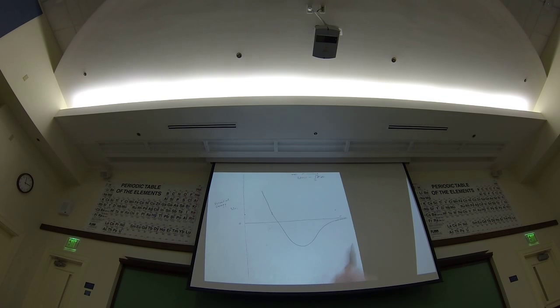And as the collision takes place, there's acceleration in this range, and then there's deceleration as you go past this minimum. And ultimately, for a head-on collision, molecules will stop and then they'll reverse back on that process.